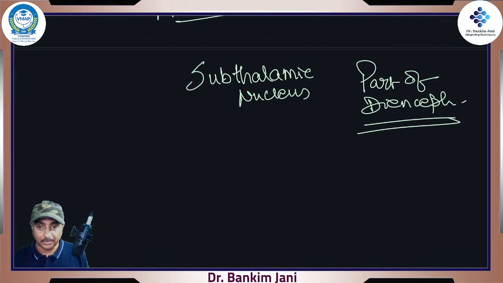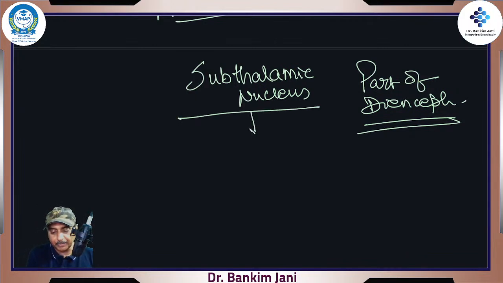But functionally, it is connected to basal ganglia with so many connections. So it would be better if we now discuss the subthalamic nucleus. When we draw the circuit, it would be difficult to write all full names, so we'll be calling this lovingly the subthalamic nucleus.